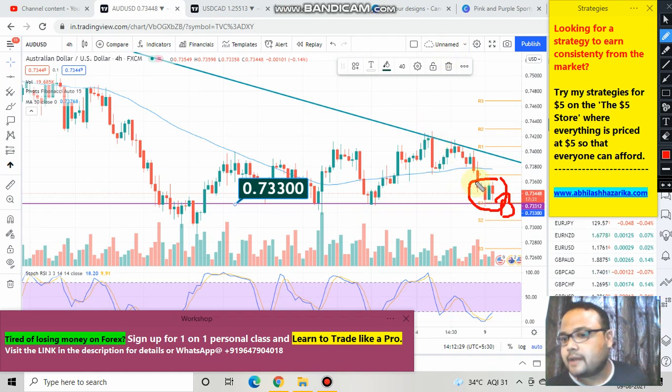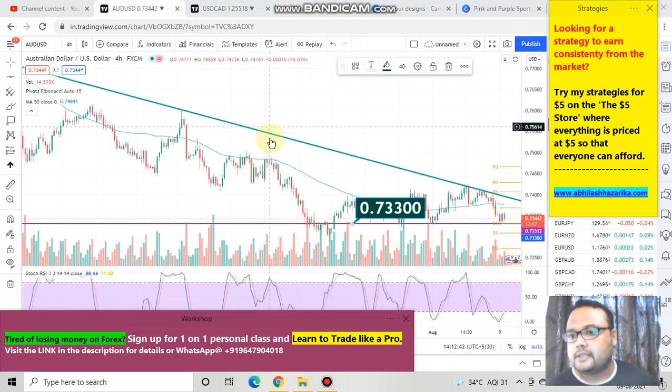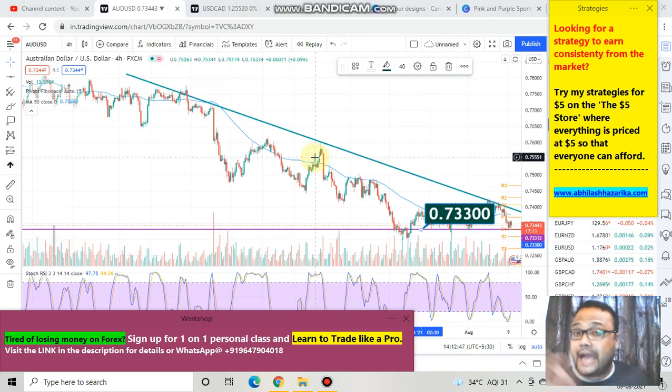So if the market bounces after one candle, we can go for a buy here, and after going up from here, you can also short the market at this trend line, because this trend line has been acting as a resistance for the market for quite some time. You can see that this trend line is acting as a valid resistance for quite long.